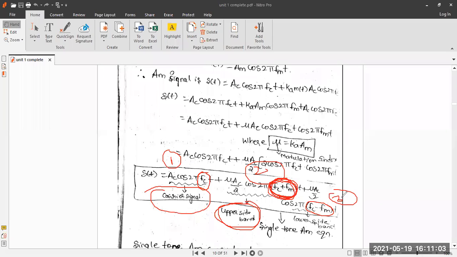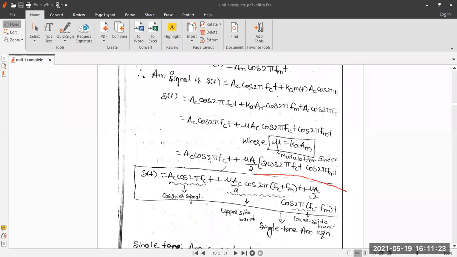Now the third term, which is having low frequency, fc minus fm, is called the lower sideband signal.